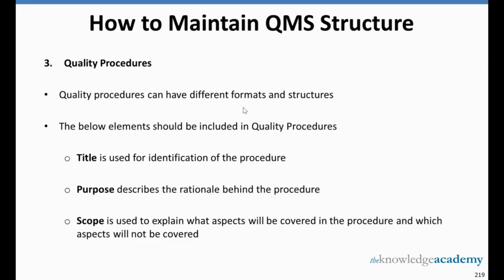And quality procedures can have different formats and structures. The below elements should be included in quality procedures. Whatever format or structure you have, make sure these elements are included in your procedure. First is the title, which is used for identification of the procedure. Purpose describes the rationale behind the procedure. Scope is used to explain which aspects will be covered in the procedure and which aspects will not be covered.